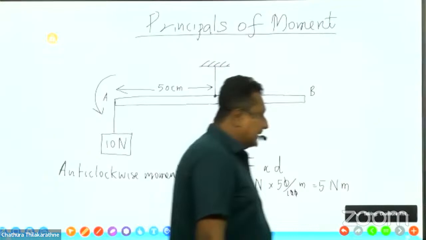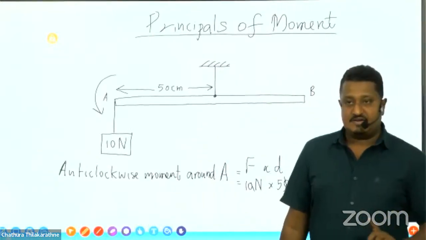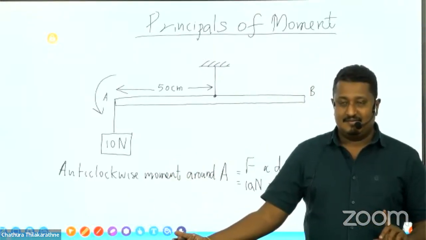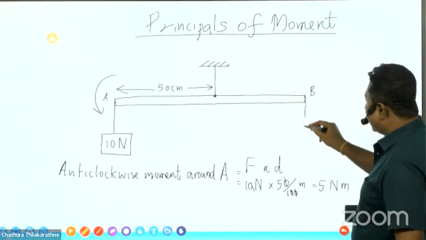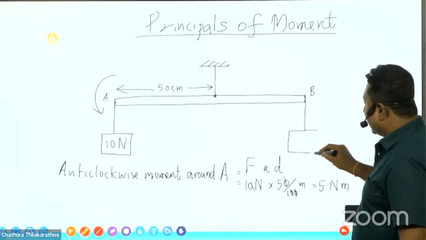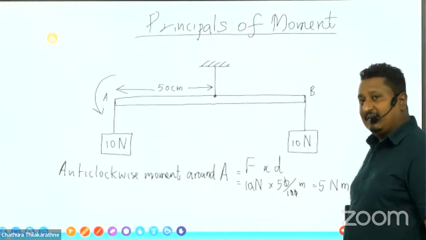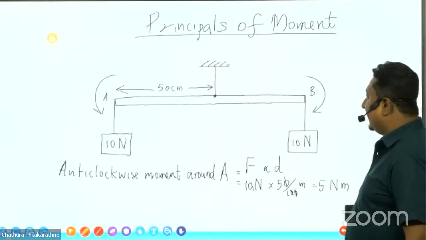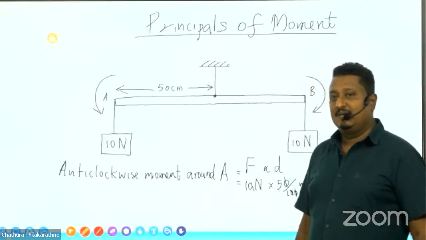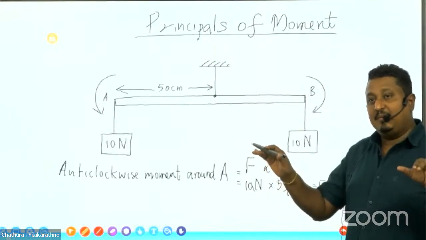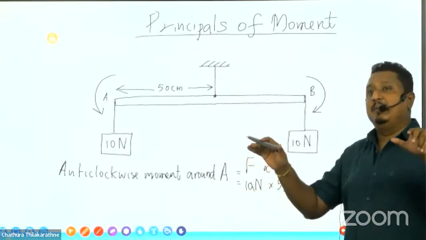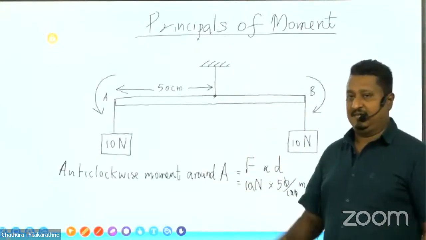Yes, I have to hang another weight on the other side, at B. If I suspend another weight of 10 newtons on the opposite side, then the object will get a clockwise moment, or right hand moment. That right hand moment will balance the previous one and it will be back in balance.